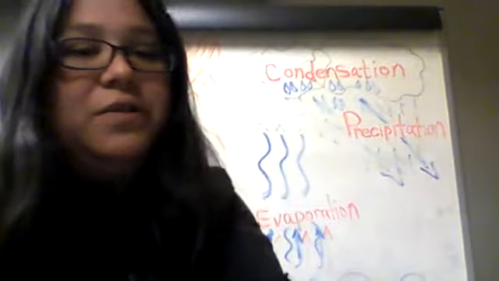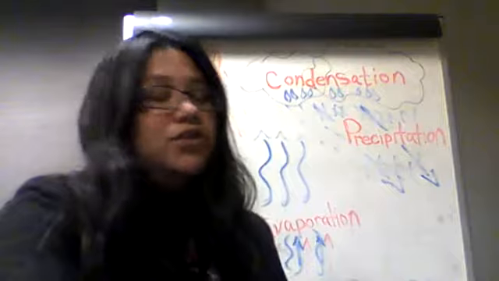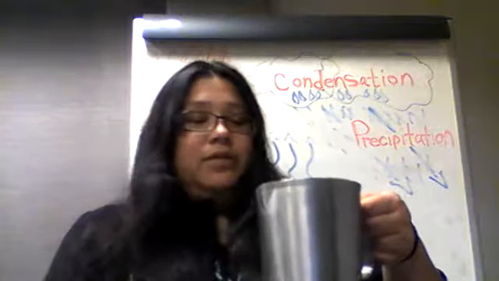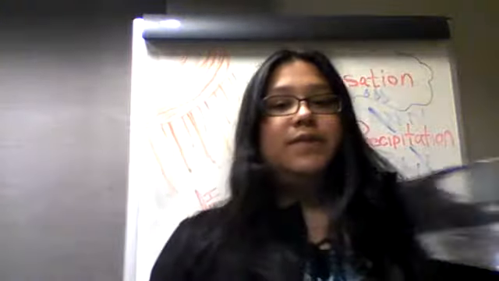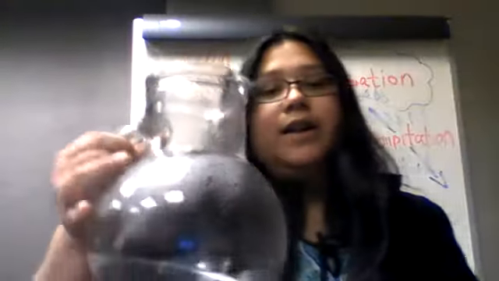I don't recommend doing this if you're a young child. You'll need parental supervision. So here are the materials we're going to use. Steaming hot water. It's actually almost boiling. Some ice. A glass jar.